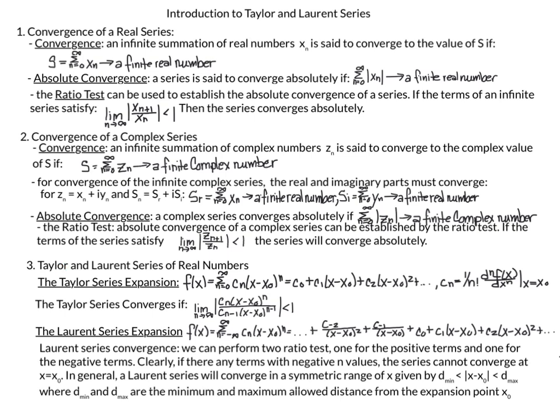Next, we talked about Taylor and Laurent series of real numbers. We reviewed the Taylor series expansion given to us by this formula, and we did the example with sine. And we saw as we added more terms, we got a better and better approximation of sine. And then finally, we talked about the Laurent series expansion, which is an extension of the Taylor series expansion, because you can see the positive exponents here, where our exponent of x minus x naught is positive.